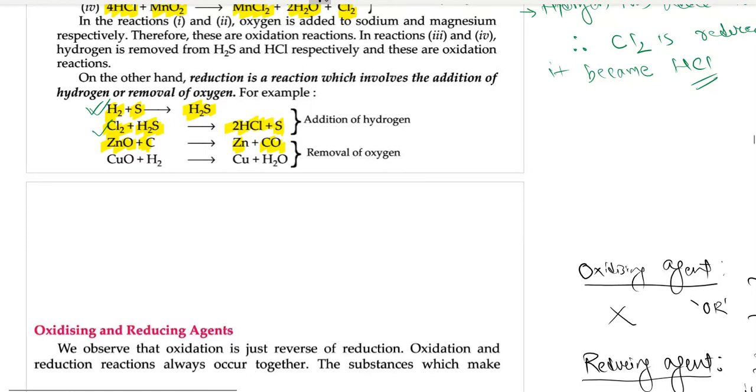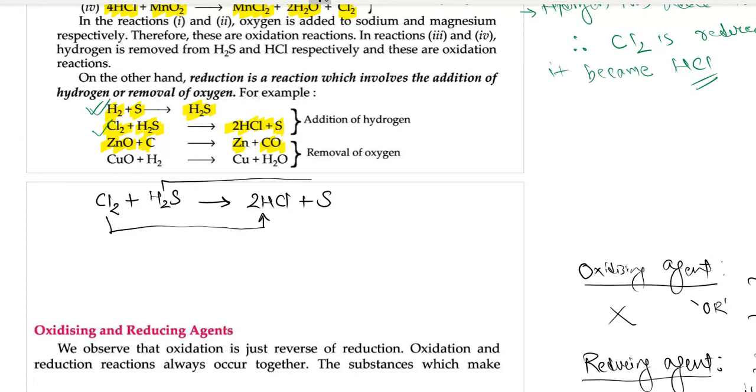Let me take an example of Cl2 plus H2S gives 2HCl plus S. See, Cl2 becomes 2HCl, so it is reduced, and H2S becomes S, so it is oxidized.